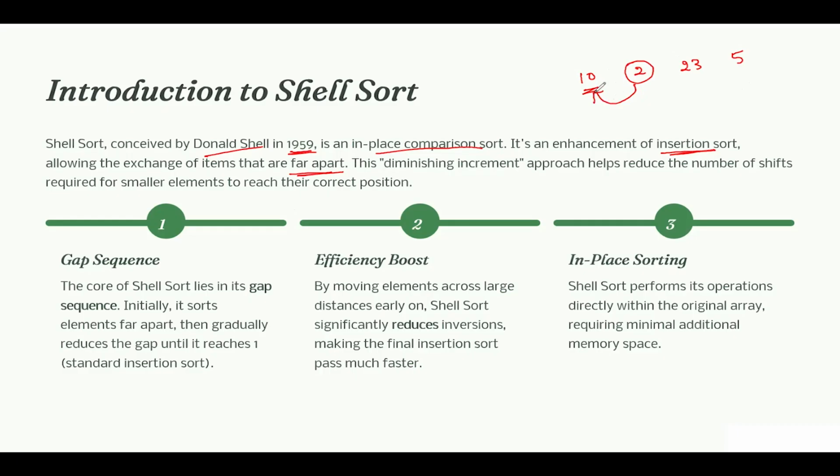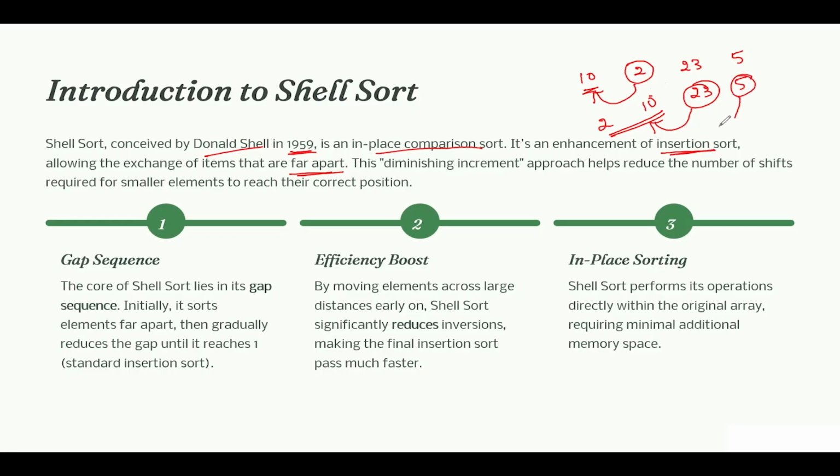The moment I find that this element is bigger than that, I'm going to exchange it. Next, I will once again compare the same element with the other unsorted one. As of now, I will consider this as sorted, and these as unsorted. I will take the next element, compare it with this, and if it is smaller, I'm going to shift. In this case, I'm going to keep it as it is.